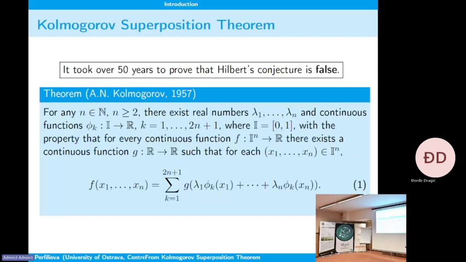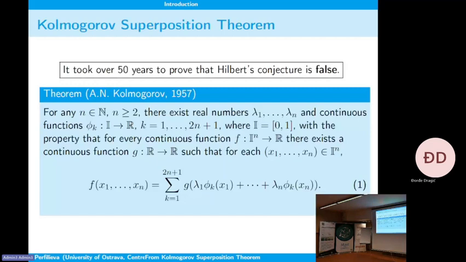And finally, in the year 56, Kolmogorov proved the surprising result that denied the Hilbert conjecture. So here you see the exact formulation of what is now known as the Kolmogorov superposition theorem.